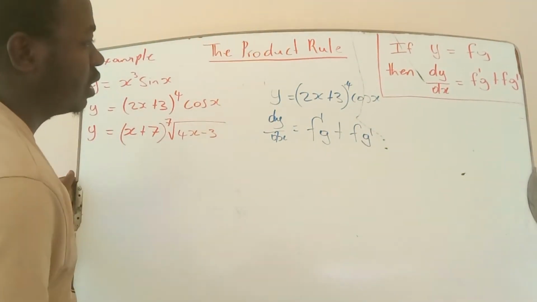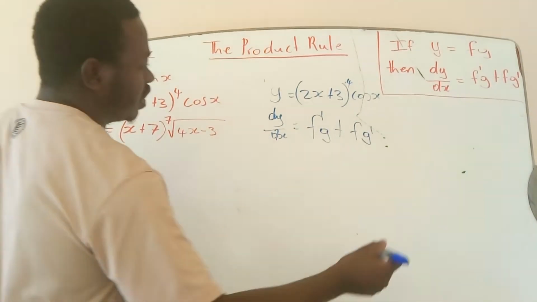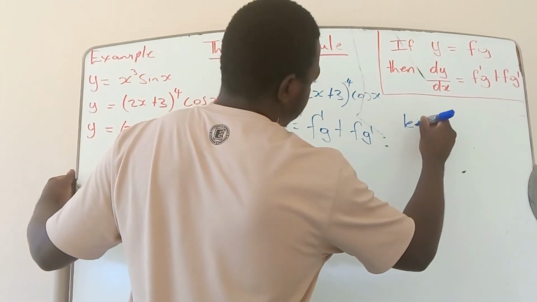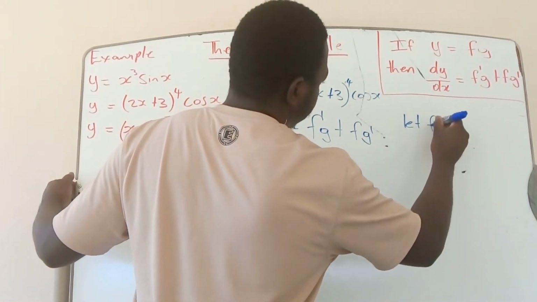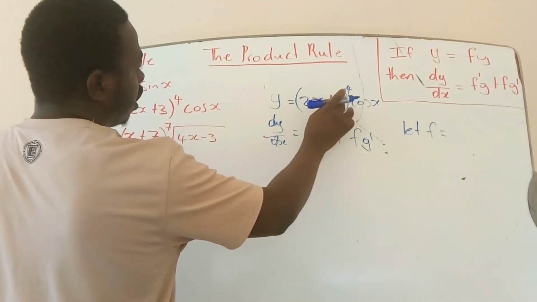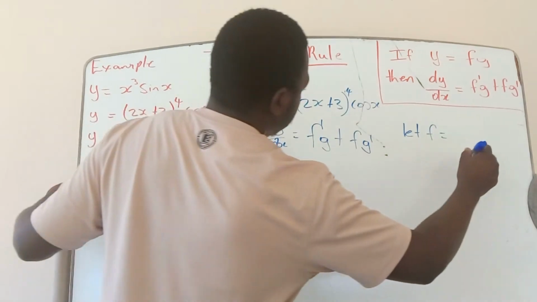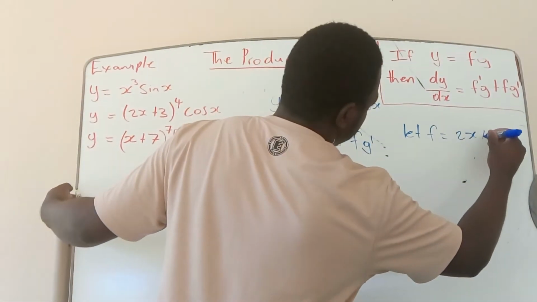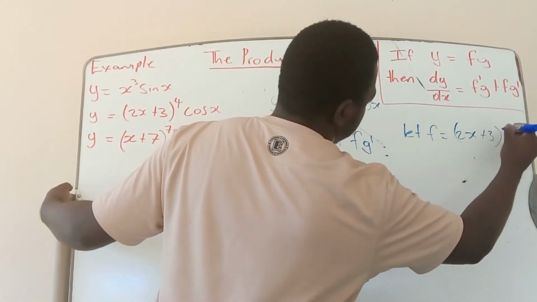That's basically it. All you need to do is to just say let f equal the first part of the function, which is 2x plus 3 raised to the fourth power.